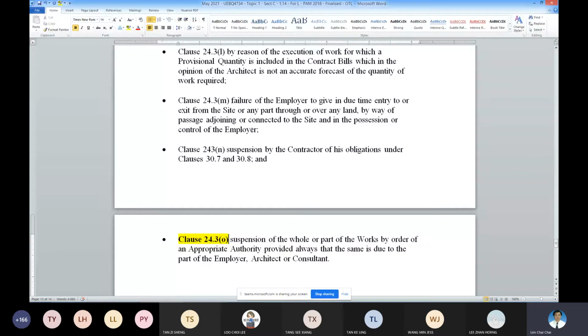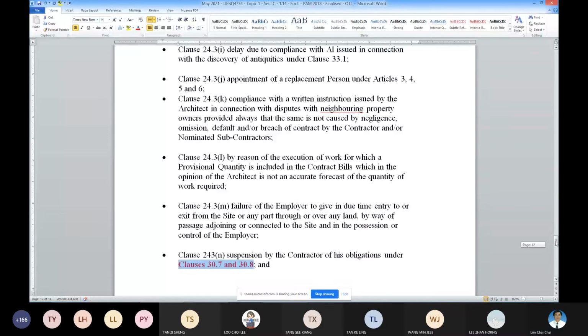The rest, without all this, these clauses are additional to your EOT clause. So you can make use of this to claim loss and expense for 30.7, 30.8 that is happening. Articles 3, 4, 5, and 6 that are happening are additional to your extension of time clause.